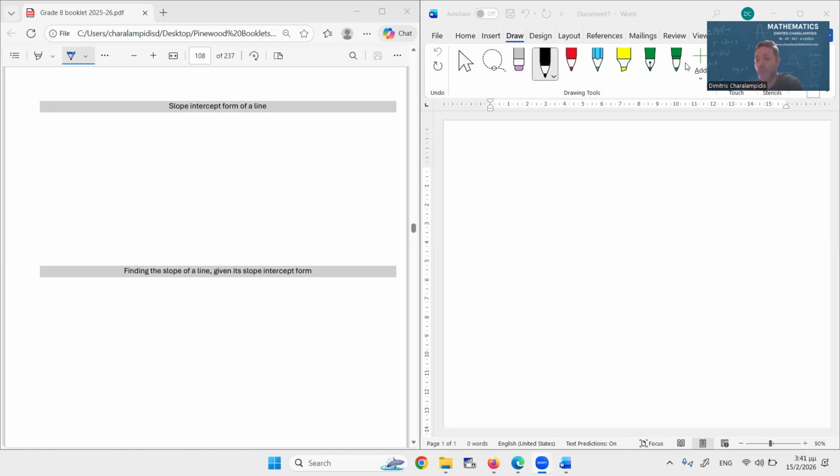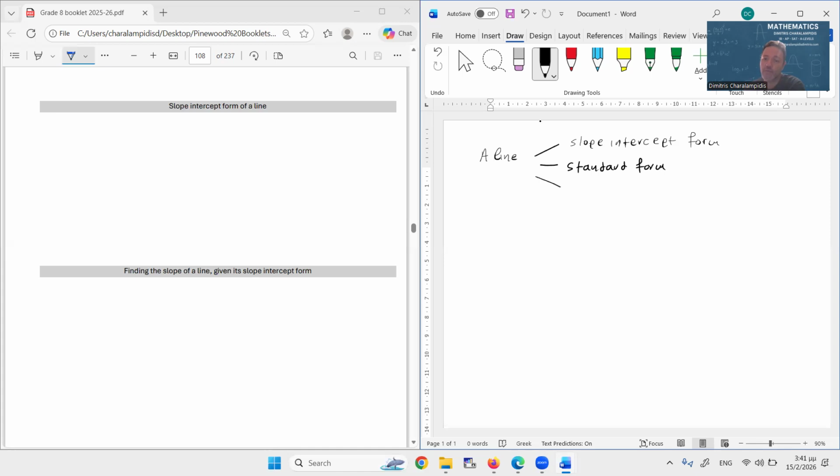Before we even begin, let me remind you of one simple thing: a line can be presented in four different forms. First of all, we have the slope-intercept form. Secondly, we have what we call standard form.